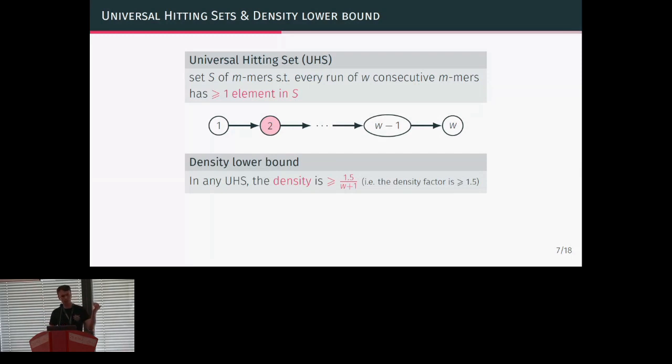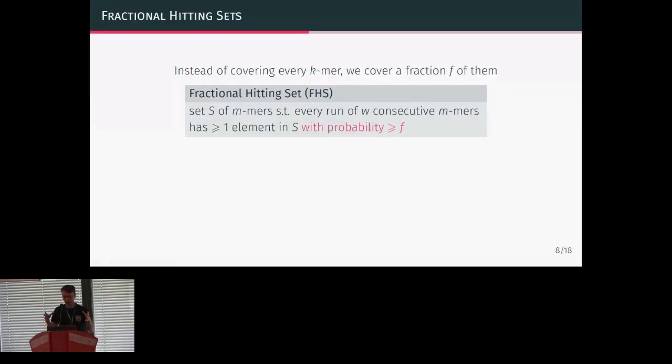So that's a bit better than random order. And we're wondering, can we cross this lower bound by relaxing some constraints? For example, by guaranteeing the presence of an m-mer, if it exists, only with a certain probability.